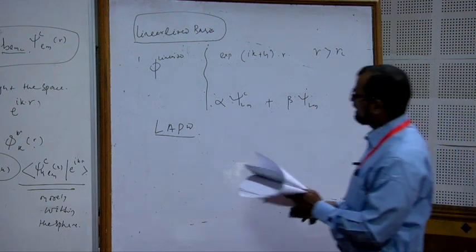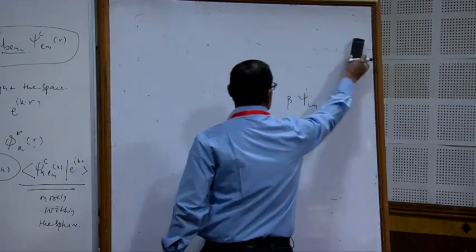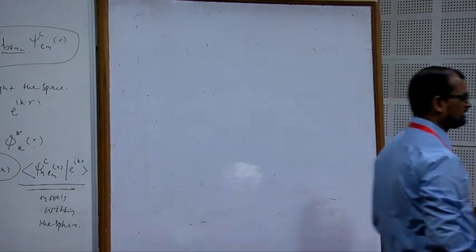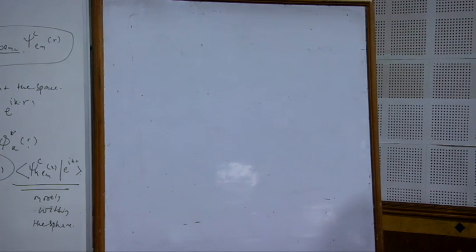Now, so far what I have talked about is creating a basis that is universal. It is defined throughout the space, categorized into two parts: a zone where my potential is kind of flat, and a zone where my potential is kind of diverging and the wave functions are rapidly varying.